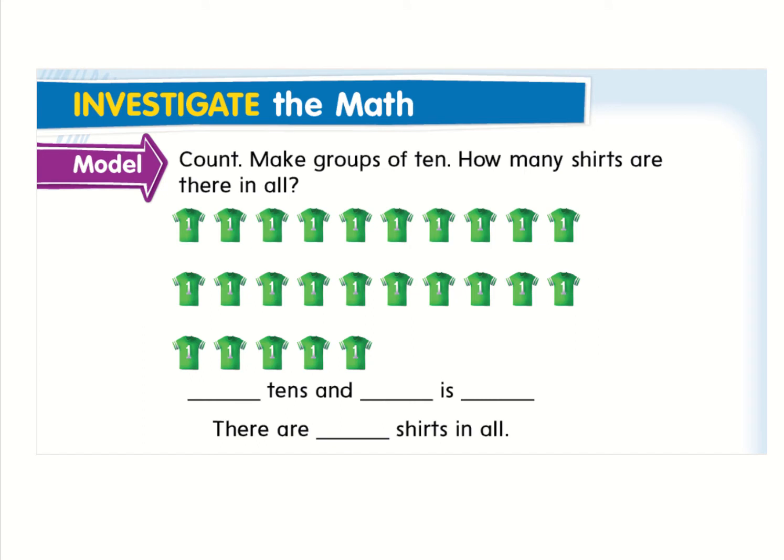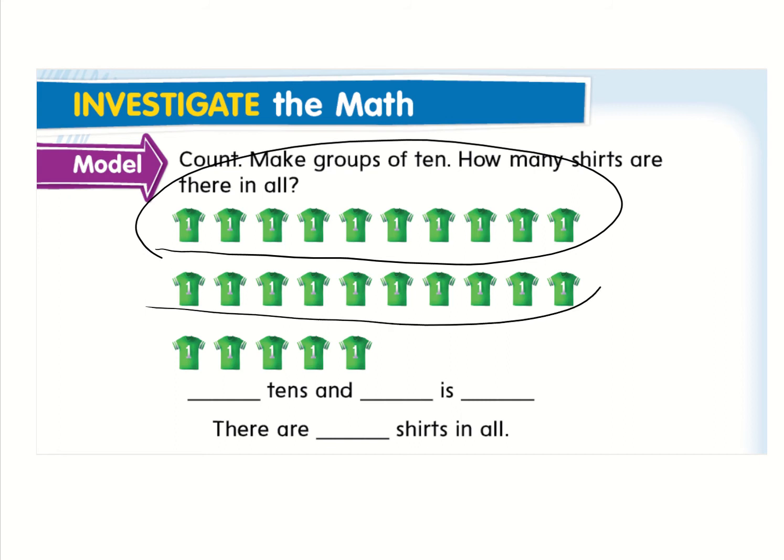So we're going to make groups of 10, and how many shirts are there in all? Now, what I can notice here, boys and girls, is this. When I have groups of 10, it's going to make things a lot easier for us to count them up as we move along.